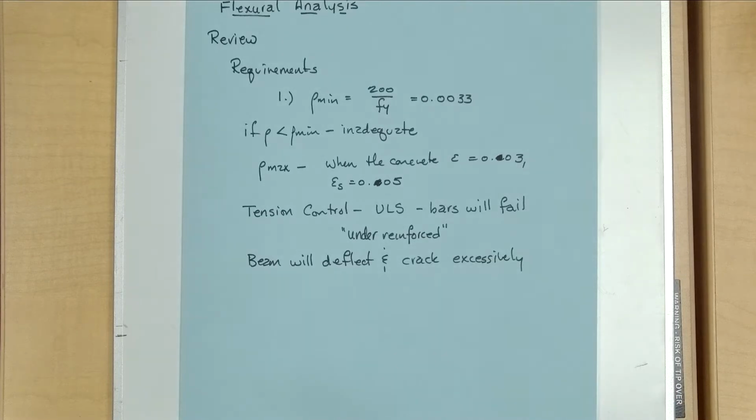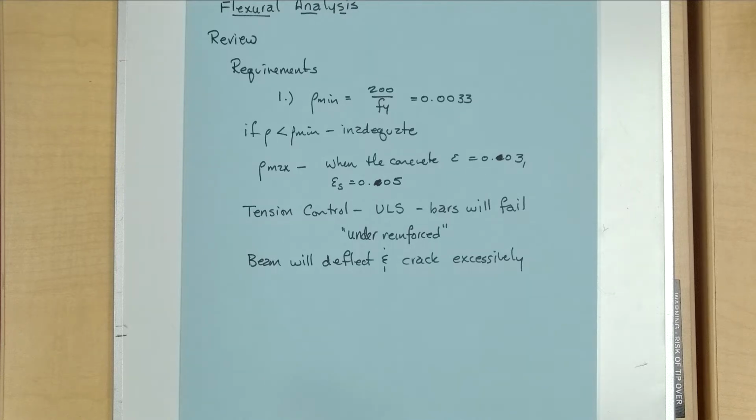And we will notice the beam is cracking and deflecting excessively with enough time to take action. We will say that the structure will tell us that it is failing.